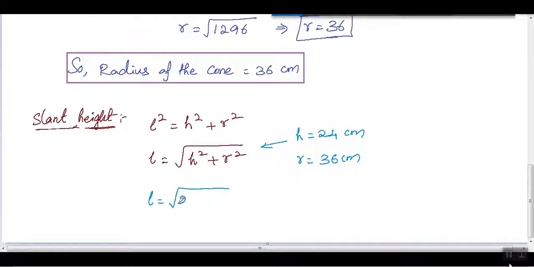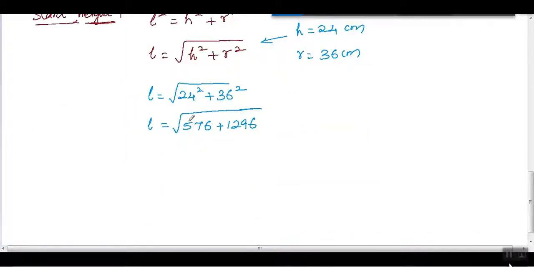So L equals square root of 24 square plus 36 square. So 24 square is 576 and 36 square is 1296. If we add both, we'll get 1872.